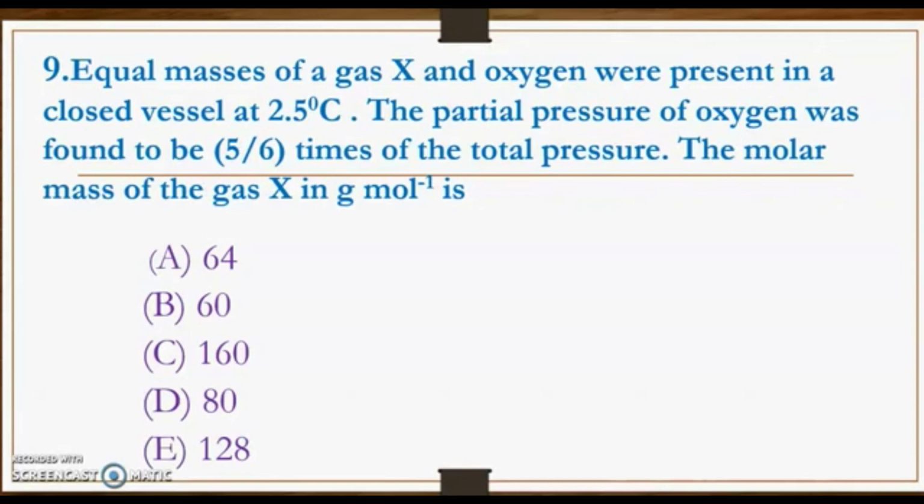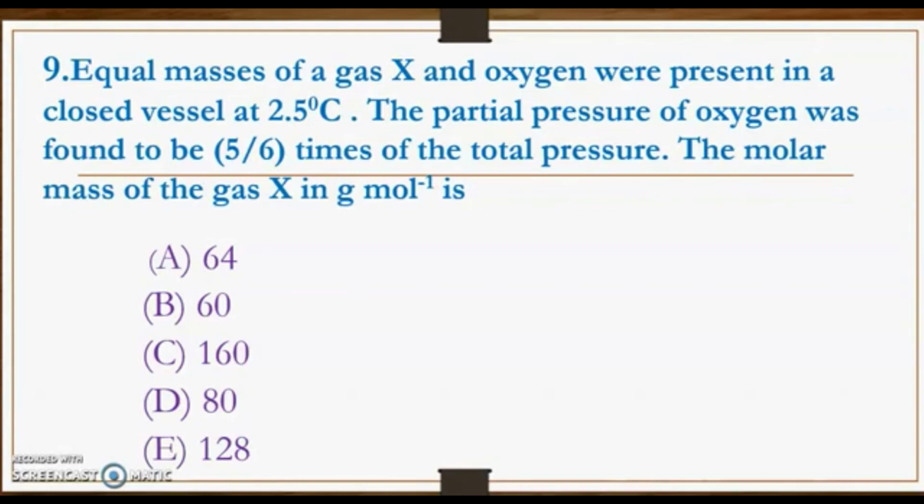Then partial pressure is related to the concentration. Partial pressure P is equal to CRT, where C is the concentration. Concentration is given by n by V, where n is the number of moles and V is the volume.